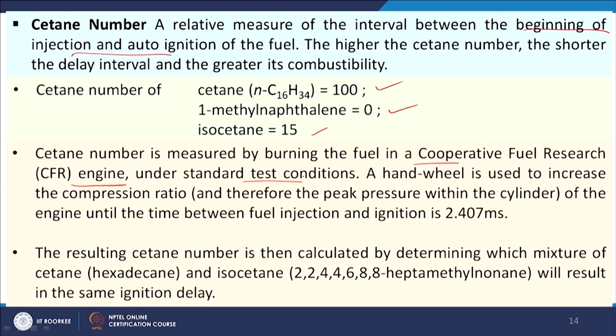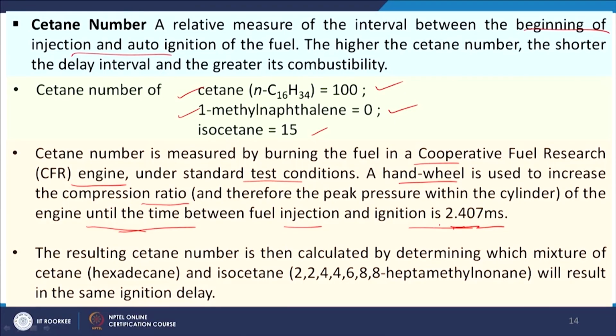A hand wheel is used to increase the compression ratio, and the compression ratio is increased until the time between fuel injection and ignition is 2.407 milliseconds. Then the cetane and 1-methyl naphthalene mixture is used in a similar way at the same compression ratio, the time requirement is considered, and for the composition having the same time, the percentage of cetane in that mixture will be the cetane number.